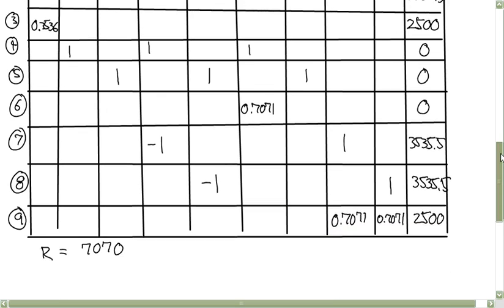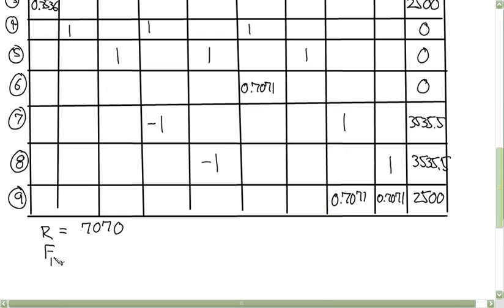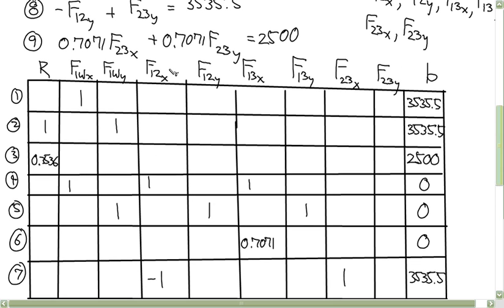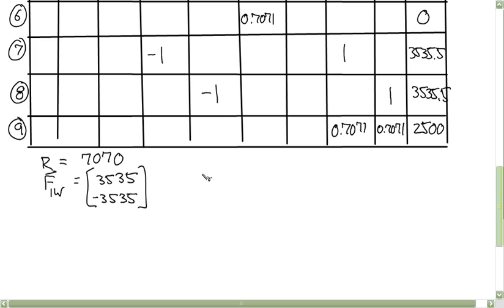And then F1W is equal to 35.35, negative 35.35. F12, this says 0.